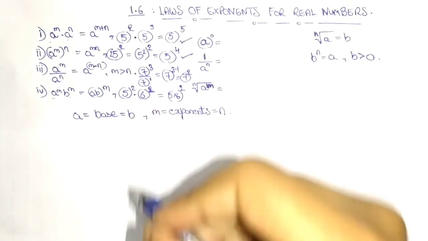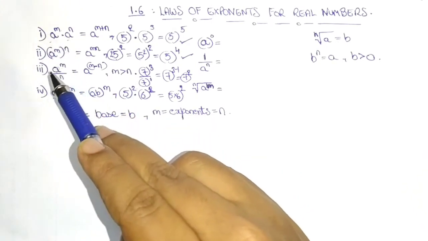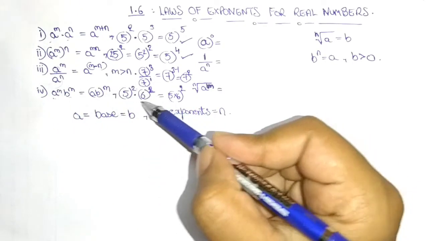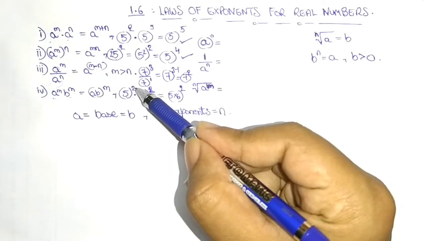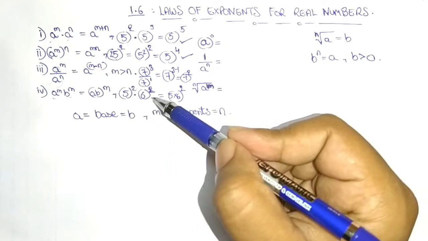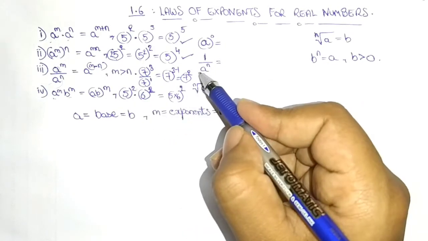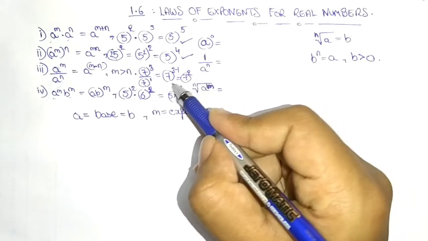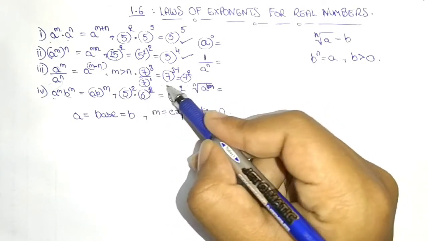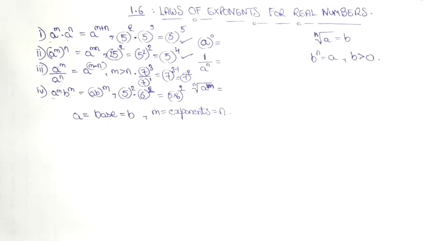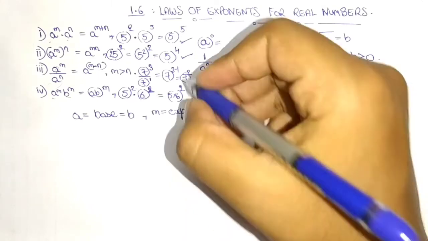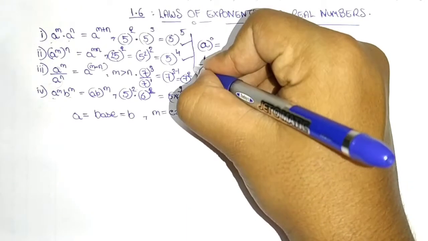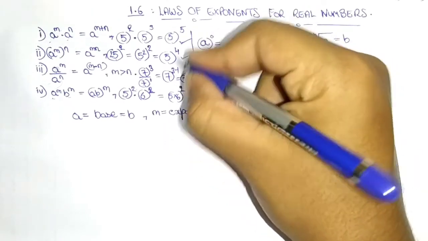Please make sure that both exponents a should be same. When the bases are different, you are not supposed to add the exponents. You should write the exponent as a itself. Without knowing, you will write the exponent as 2 into 2 going to be 4. No, that is your major mistake in this particular exercise. You should avoid that. Now we completed the first basics of the 4 laws.